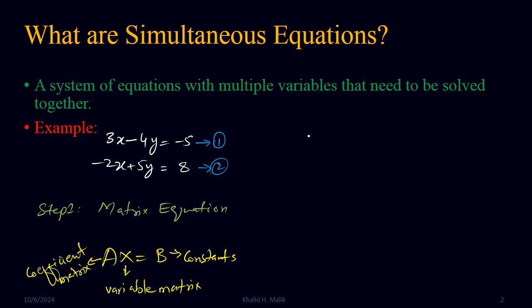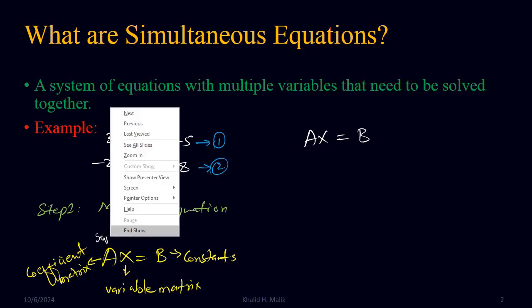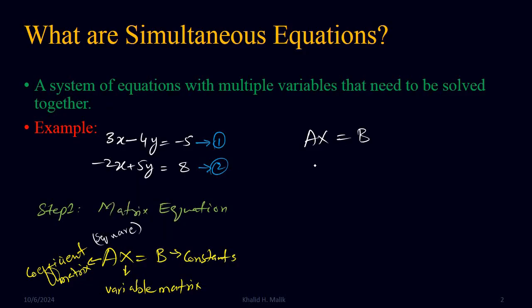Now observe how we can solve this type of equation. If we have an equation AX is equal to B, how can we solve this? To find the value of X, we have to remove A from the left side. A is a square matrix. We multiply A inverse on both sides, left hand side and also right hand side.